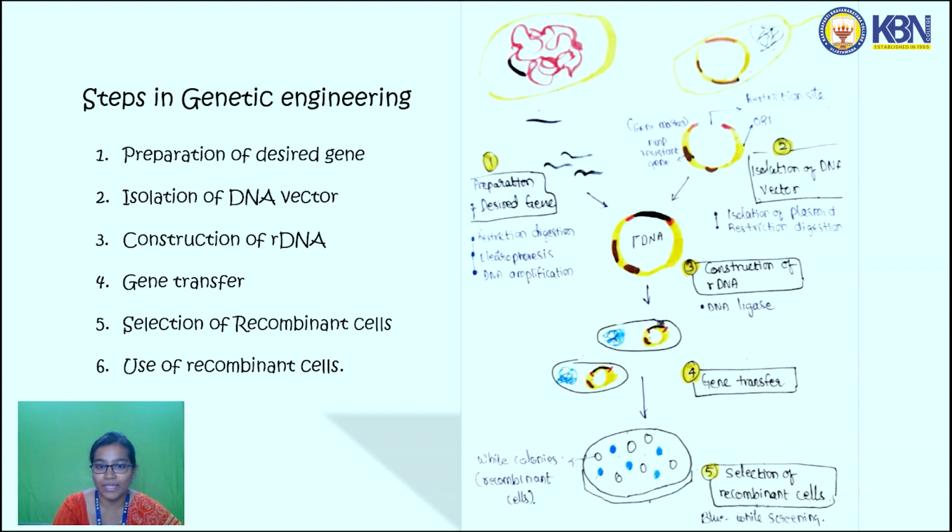After we get many small fragments, we will separate them because out of all of that cluster of genes, we want only one gene. So first we will isolate and then we will separate. As we separate, we use the technique agarose gel electrophoresis, which is ideal for separating DNA molecules depending upon their size.